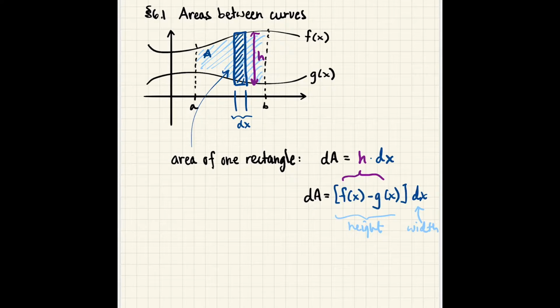It's dx. Okay, great. Well, how do we use that to find the area of the entire region that we're interested in from a to b? Well, that's where an integral comes in handy, okay? An integral is just an adding machine. So the area of the region is just the sum of the dAs.